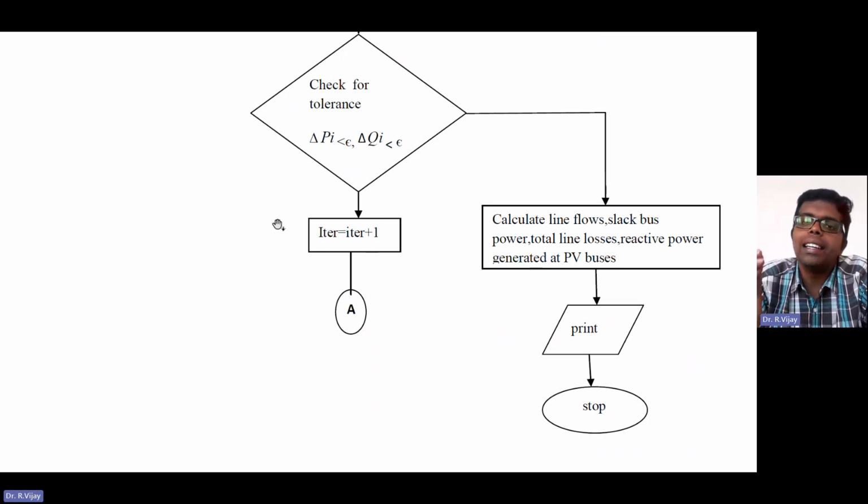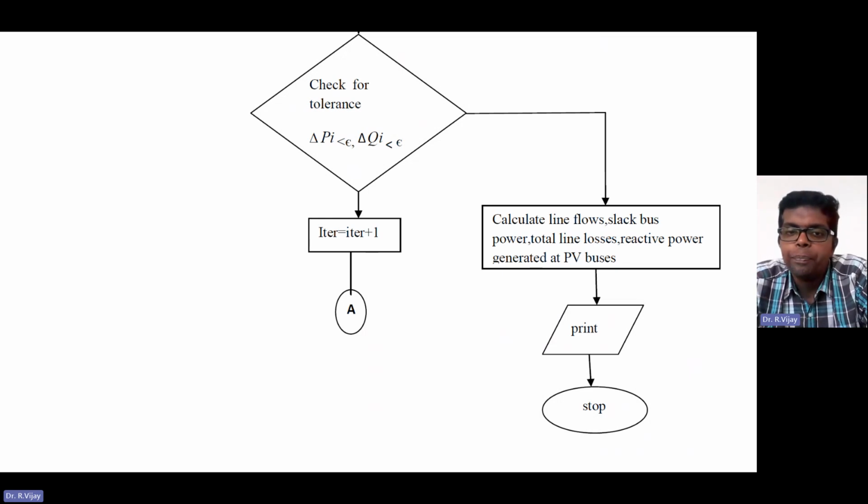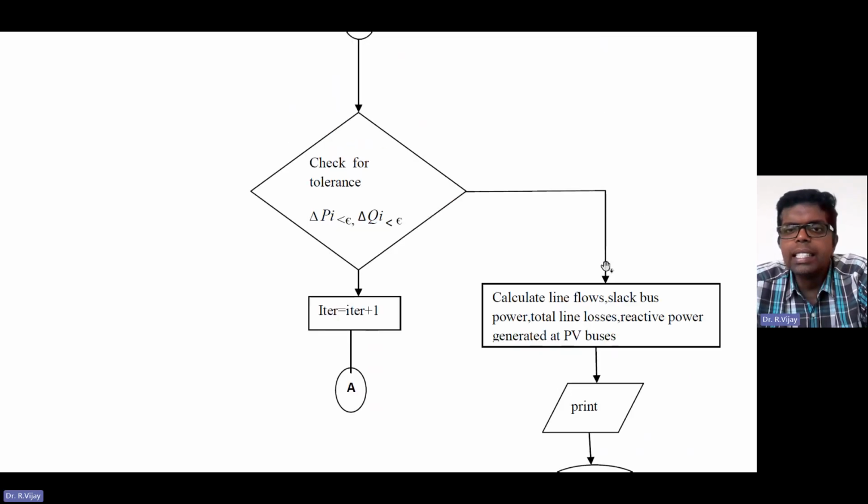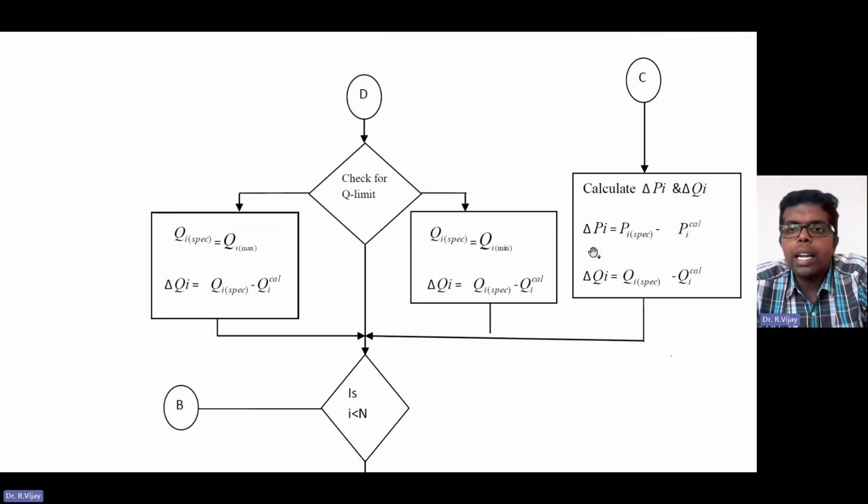Say for example, if you specify the iteration value as 3, you need to go for the next iteration, or otherwise you need to display all the values. You need to display the line flows, the slack bus power, the losses, and the reactive power generated. Everything you need to display, print the result, and stop the algorithm.